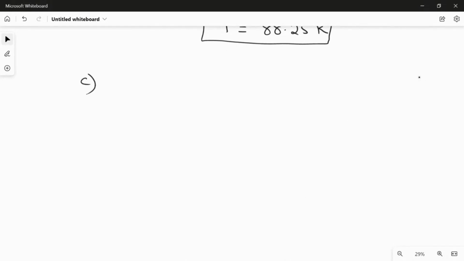In the A part, we found the RMS speed as 560.76 meters per second, right?